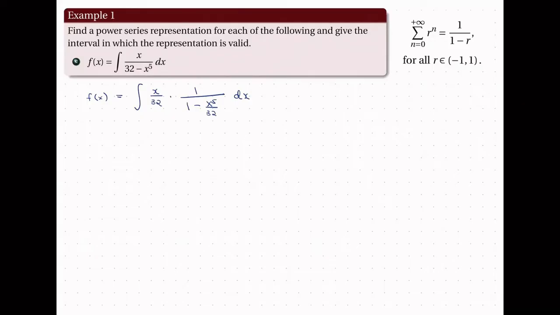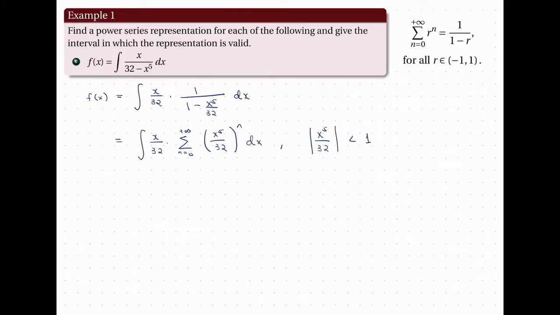And then ngayon, etong term na ito, pwede natin siyang isulat as the summation from n equals 0 to positive infinity of x raised to 5 over 32 raised to n dx. Okay, and then ang condition natin kay x is that the absolute value of x raised to 5 over 32 must be less than 1.